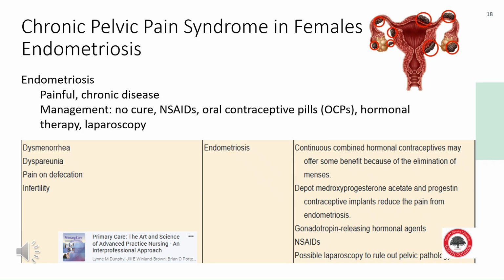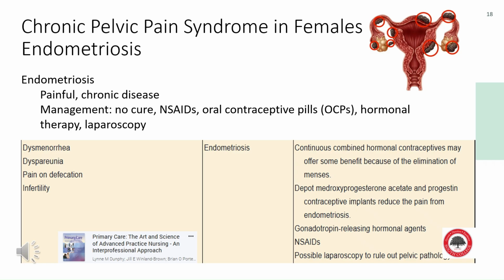Be sure to review the chart in your textbook related to differential diagnosis of chronic pelvic pain syndrome in women. Endometriosis in particular is a painful chronic disease. There's no cure. It presents with painful periods, pain during intercourse, pain on defecation, and infertility.